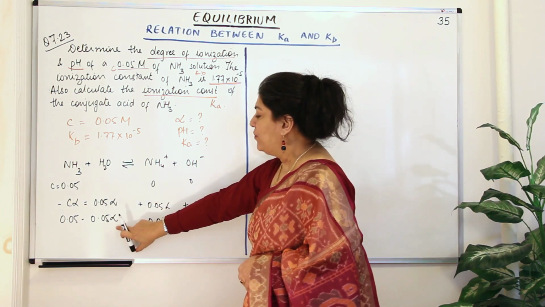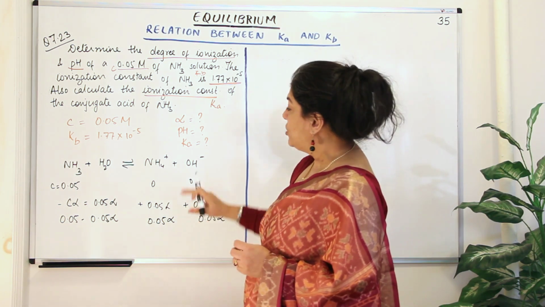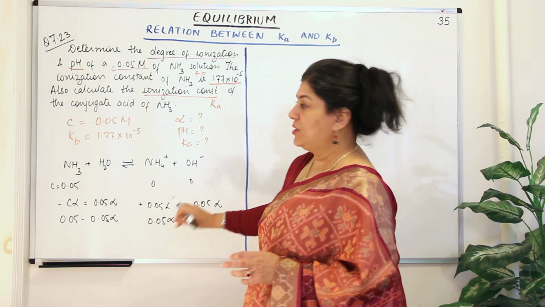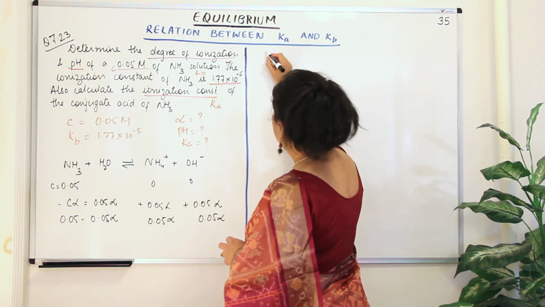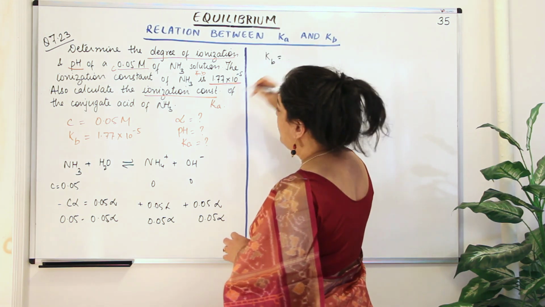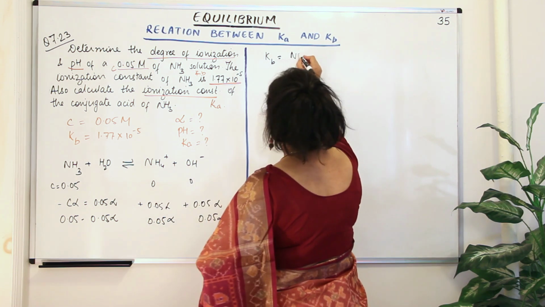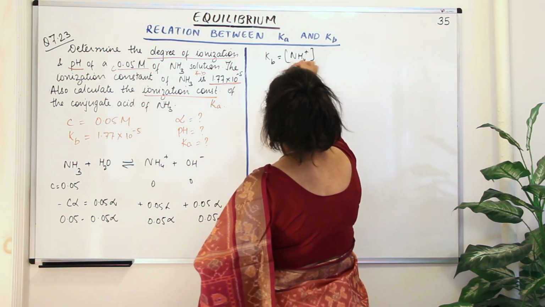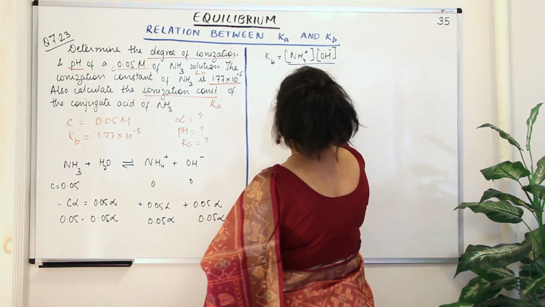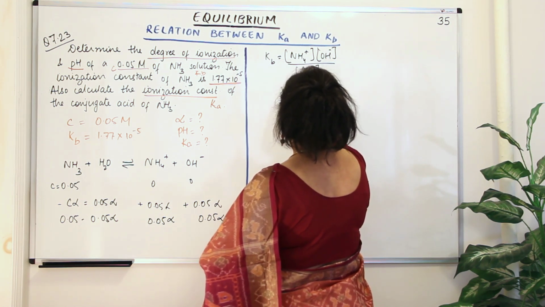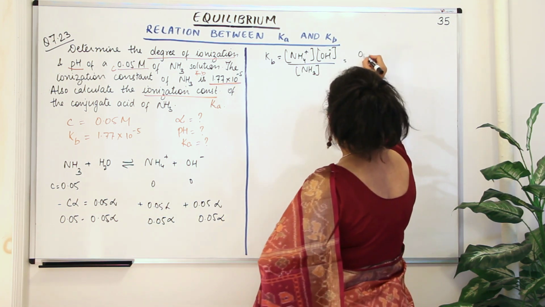You have to find out the value of alpha. In order to find out the value of alpha, what do you do? You put these values in the expression for the equilibrium constant, and the equilibrium constant is given to us. So Kb is equal to, I'll write the value later, the concentration of NH4 positive into OH negative divided by NH3 concentration, right? And this is equal to, what is the concentration of ammonia?